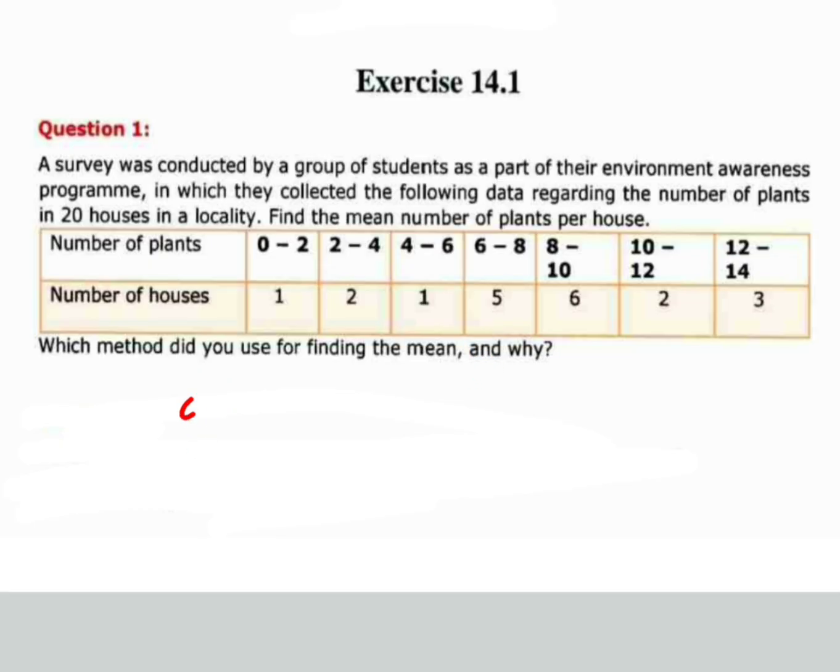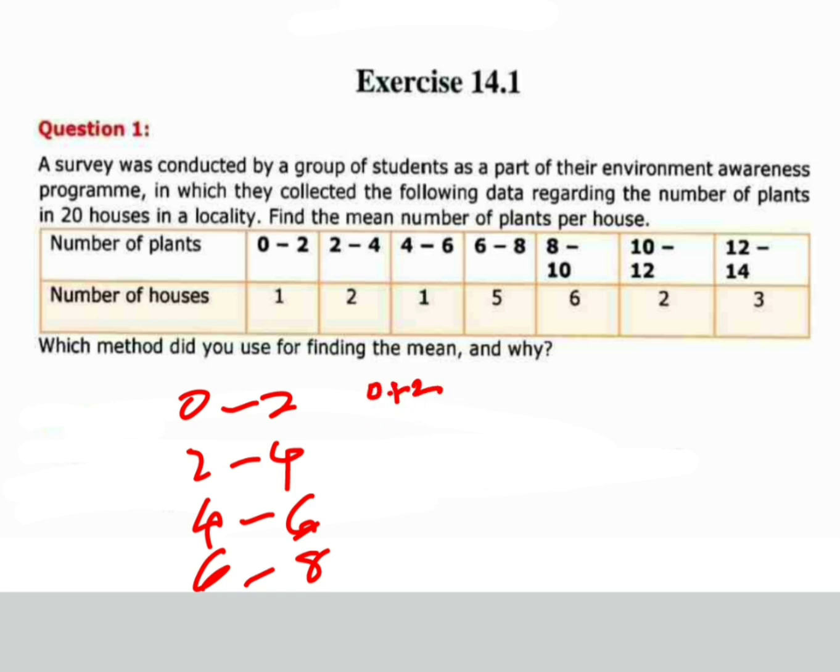The classes are 0 to 2, 2 to 4, 4 to 6, and 6 to 8. The midpoint of 0 to 2 is lower limit plus upper limit by 2, that is 2 by 2 equal to 1. The second one is 2 plus 4 by 2, that is 6 by 2 equal to 3.